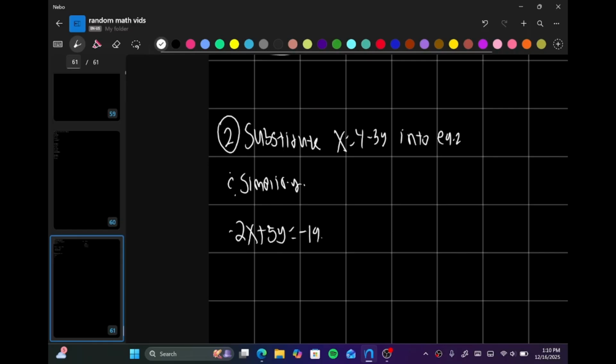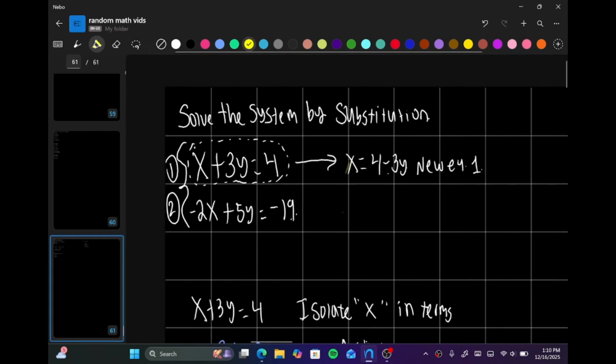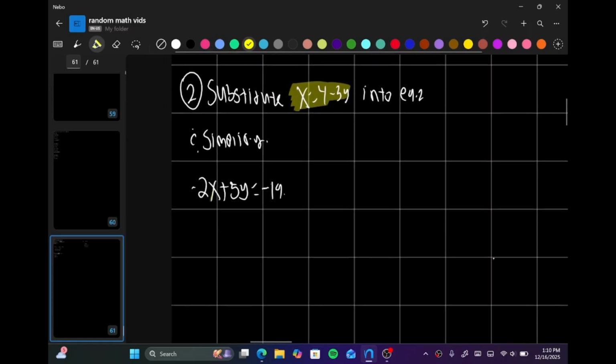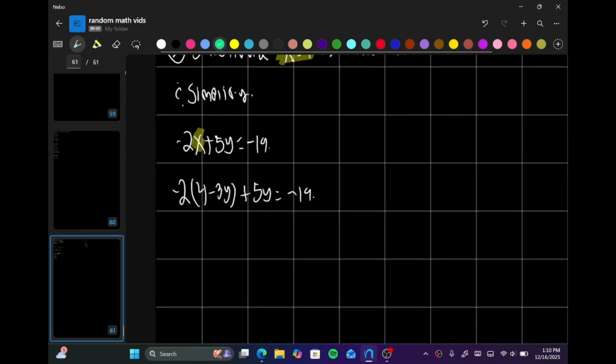Now we're going to go ahead and substitute. This here is going to go right here. So we have negative 2, parentheses, 4 minus 3y, plus 5y equals negative 19. And then we're going to go ahead and distribute.